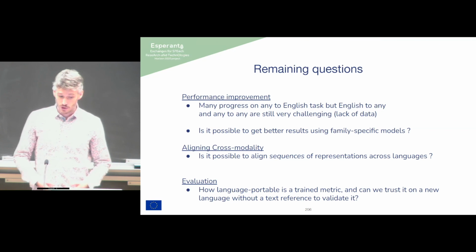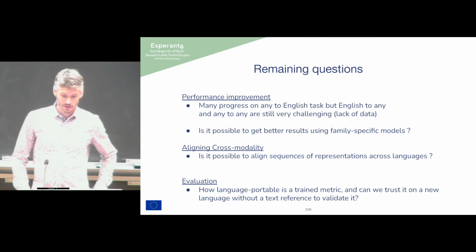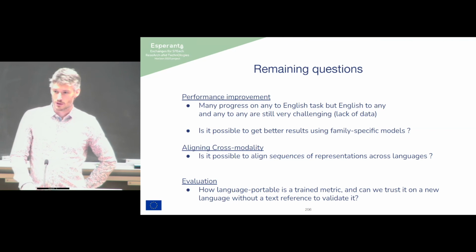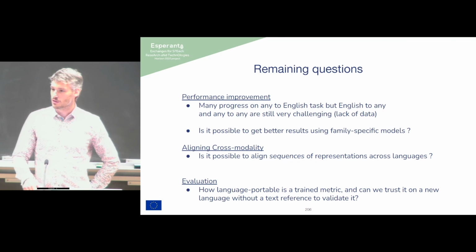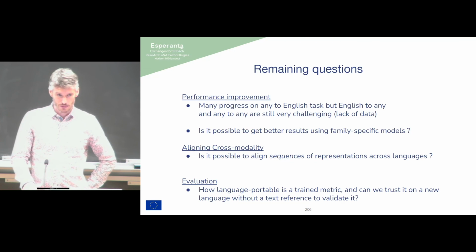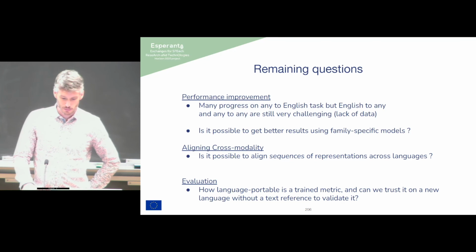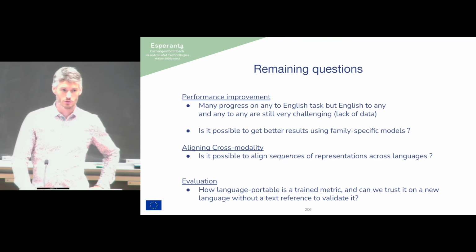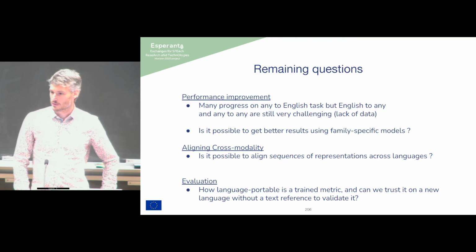And so we still have questions, as already discussed, about the family-specific models. Then I think there's a huge amount of work that must be done regarding cross-modality, using different kinds of alignment other than semantic only. And that's what Peter presented. And regarding evaluation, I was very happy this morning to see the results from the team, because Olivier just said that we have good, promising results on the trained metric.